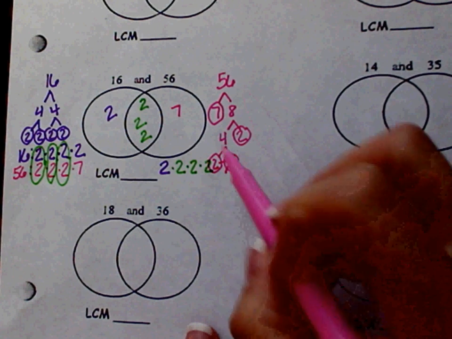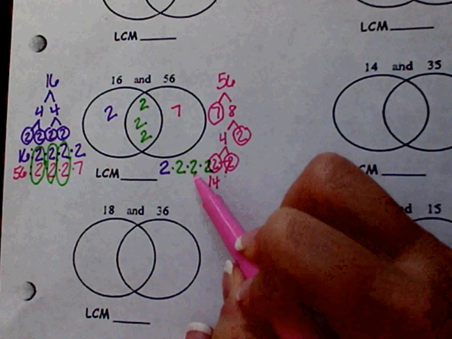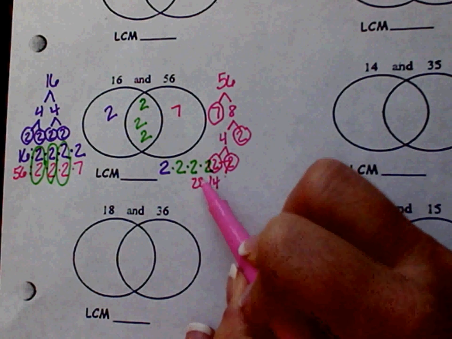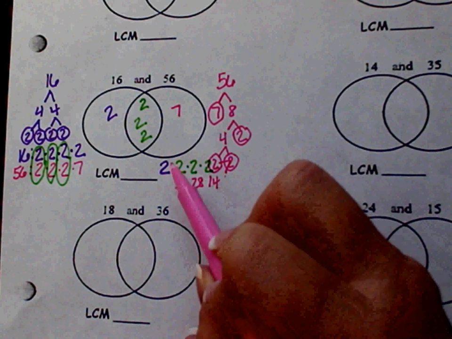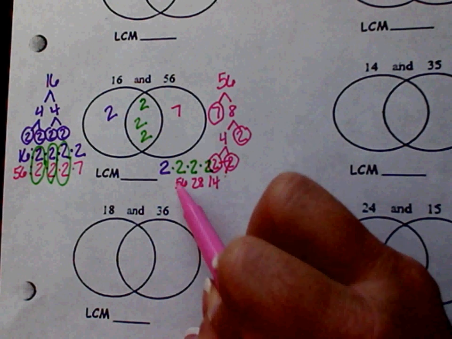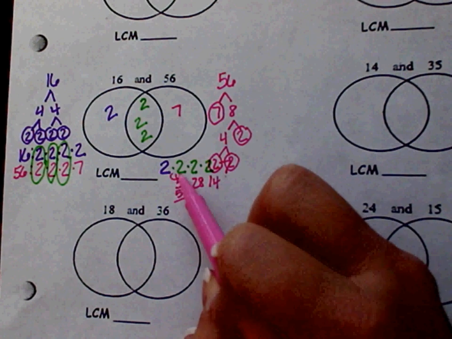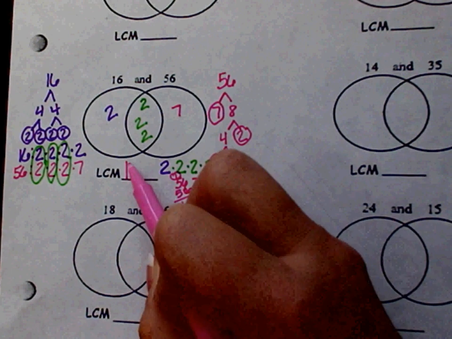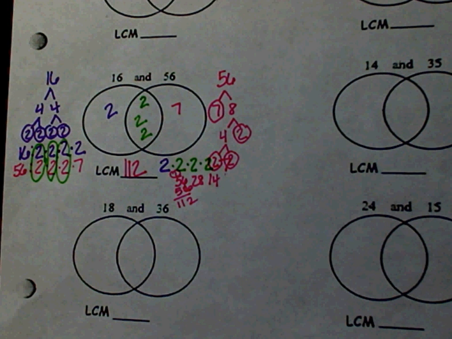Okay, so 7 times 2 is 14. 14 times 2 is 28. 28 times 2 is 56. 56 times 2, if you're not sure, you can just add them up. Your LCM should be 112.